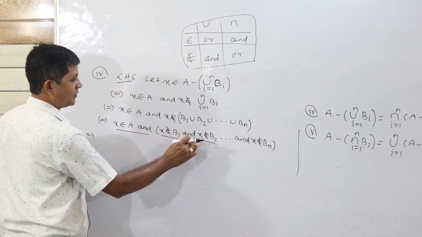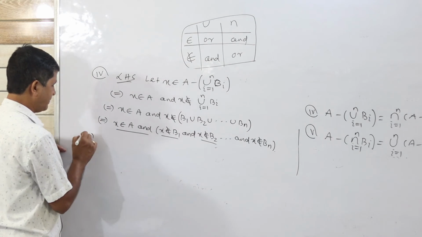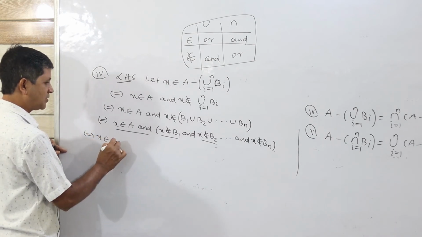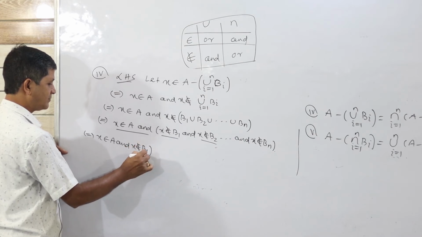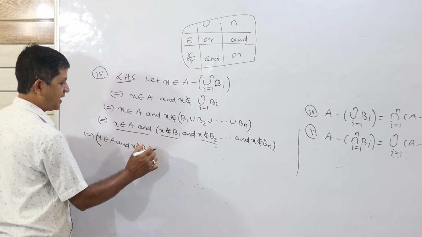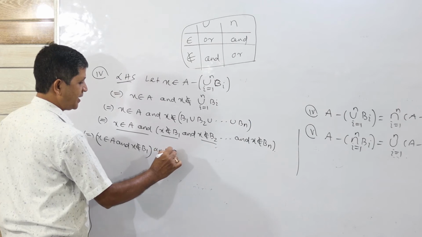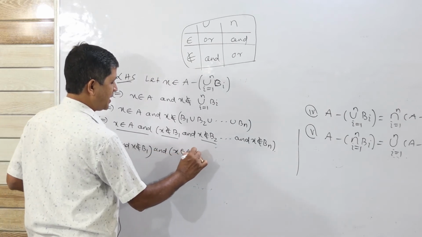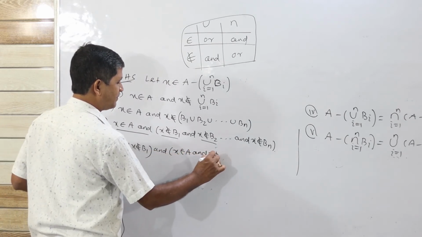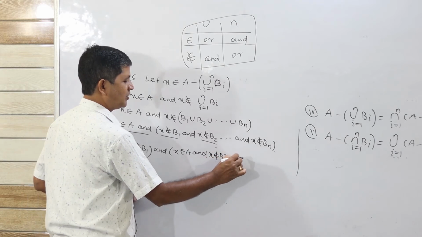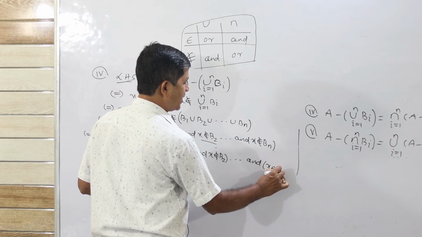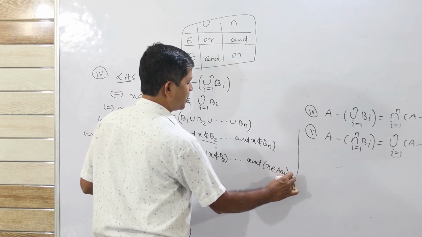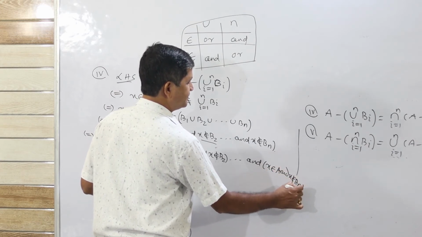And this 'and' will be on the outside. It implies and is implied by x belongs to A and x does not belong to B1, first bracket. Next, x belongs to A and x does not belong to B2. Continuing this way, x belongs to A and x does not belong to Bn, right?